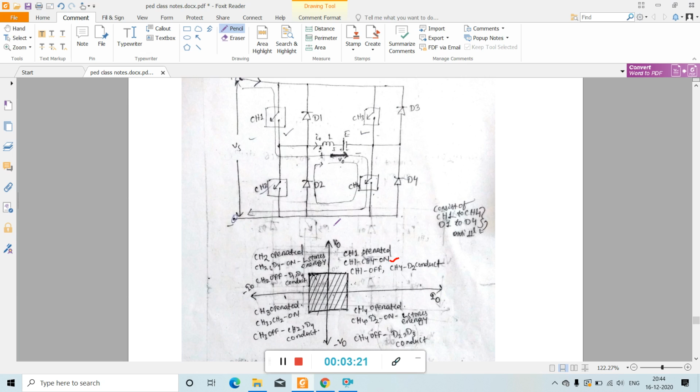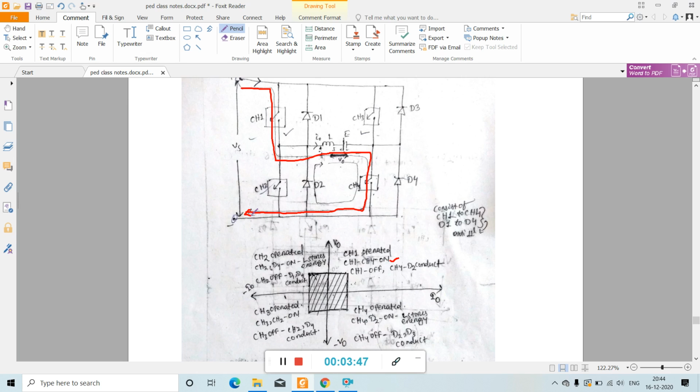When chopper 1 and chopper 4 are on, load voltage V0 is equal to Vs, and load current I0 begins to flow. This is the path I have shown here. See, through chopper 1, then through load, then through chopper 4, and then back to source. This is the path of current flow.